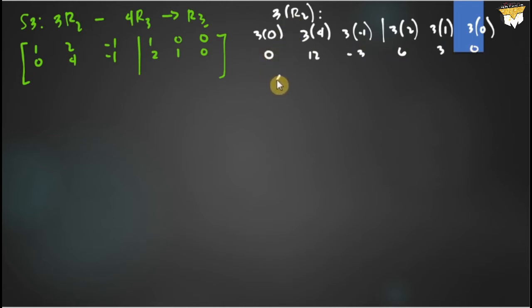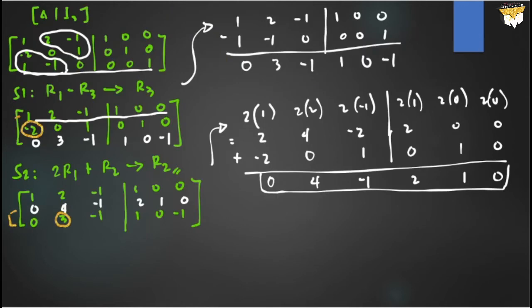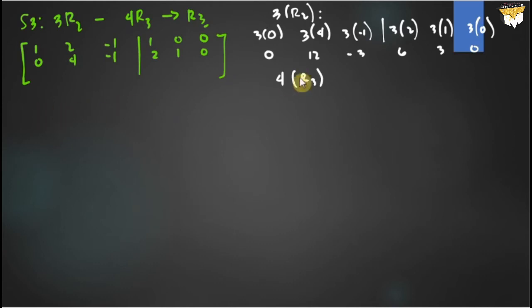Next, we have to multiply row 3 by 4. Okay, so multiply natin. Si row 3, ano si row 3? 0, 3, negative 1. Okay, tapos 1, 0, negative 1. So, perform natin yon. So, 4 times 0. Then 4 times 3.